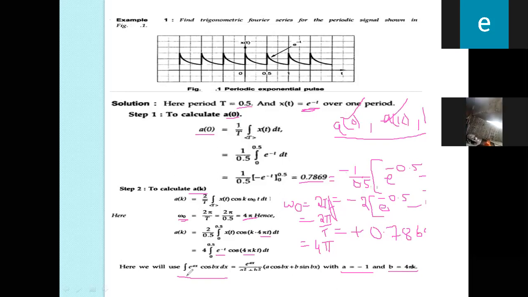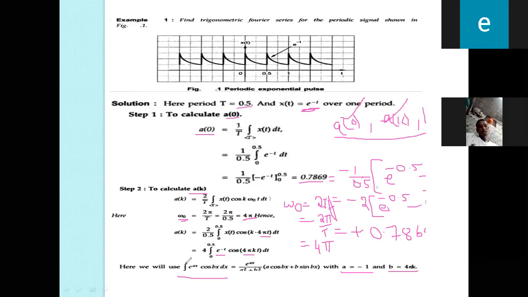The formula for the integral e power ax cos bx dx is equal to e power ax by a square plus b square, whole multiplied with a into cos bx plus b into sin bx.